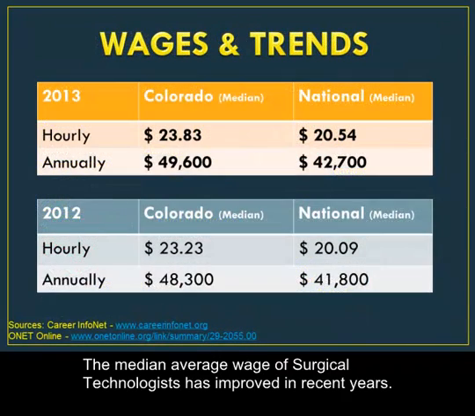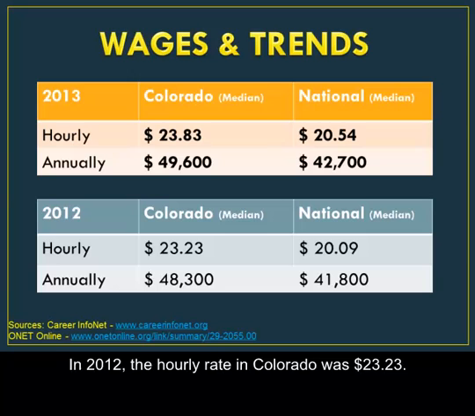The median average wage of surgical technologists has improved in recent years. In 2012, the hourly rate in Colorado was $23.23. This increased to $23.83 in 2013.